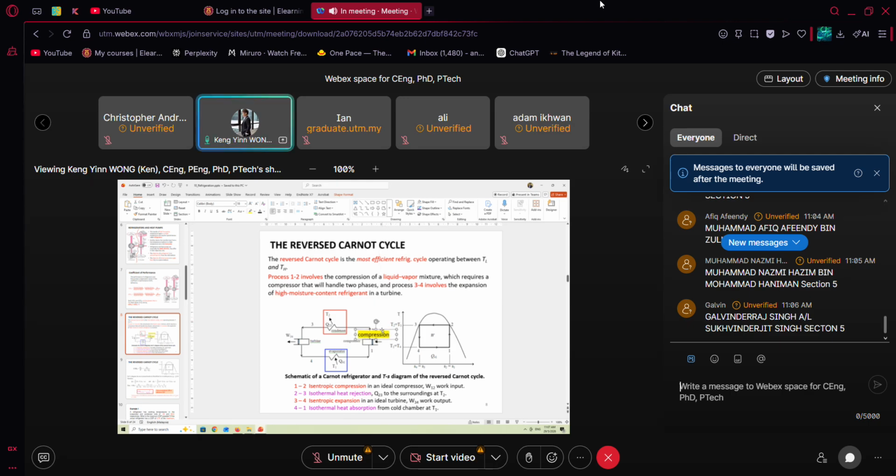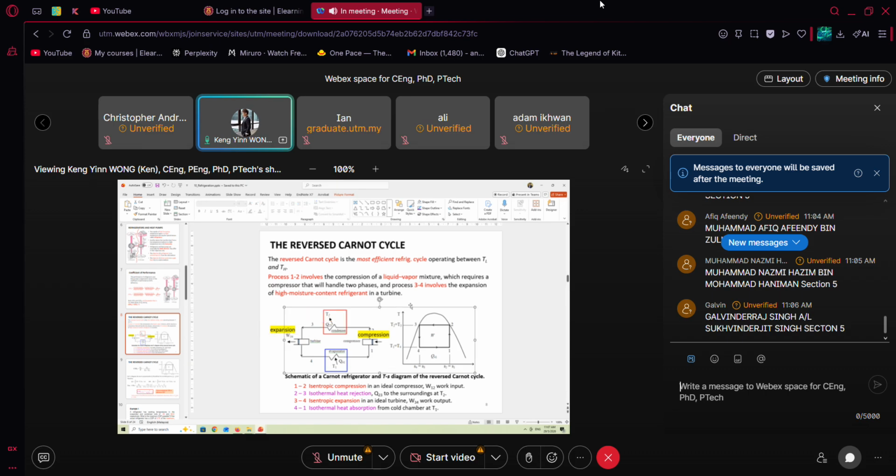Still remember, I always mention they always work in opposite directions. Whenever you have compression, you're going to have expansion with your turbine. I repeat again, they work in opposite directions, which means the opposite of compression would be expansion.